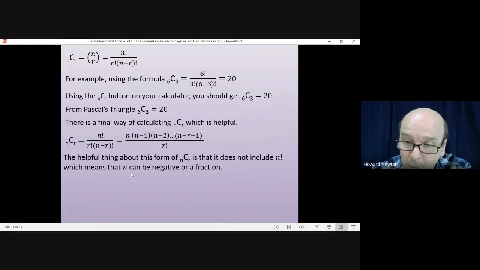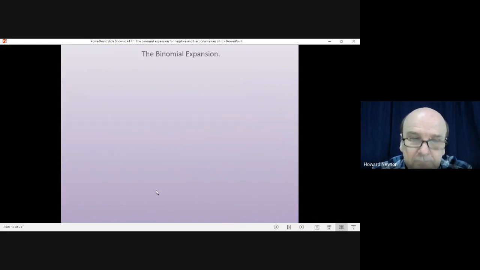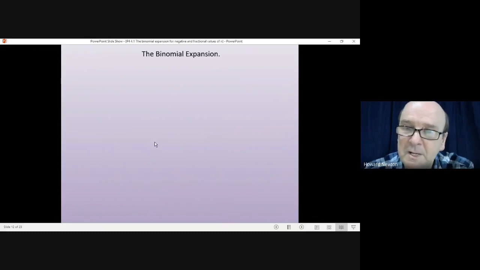It couldn't be before because n factorial isn't defined if n is negative or a fraction. But we've managed to sidestep having to use n factorial at all, just by saying we'll start off with whatever n is, then take away 1, then take away another 1, till we get down to this term, and then divide by r factorial.